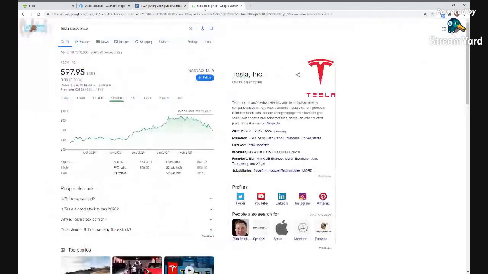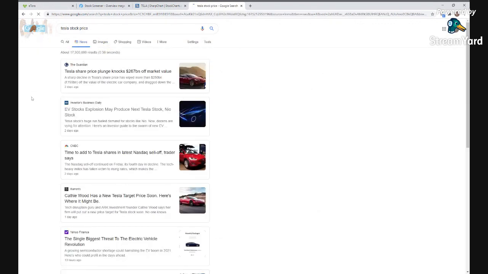I did my research. I put in Tesla stock price, and Tesla stocks are dropping. I read all the news: because of the drop in IT stocks in America, there's a fear in the stock market that interest rates are going to rise in America and inflation is going to happen.